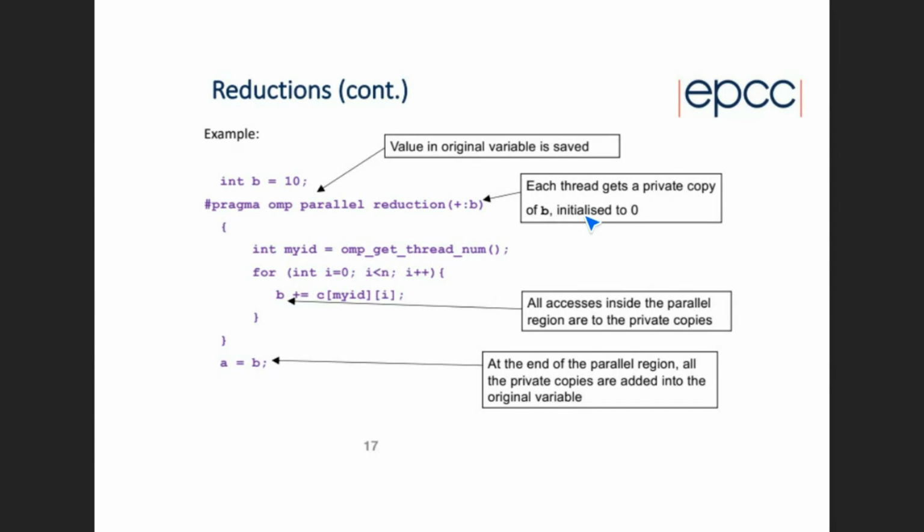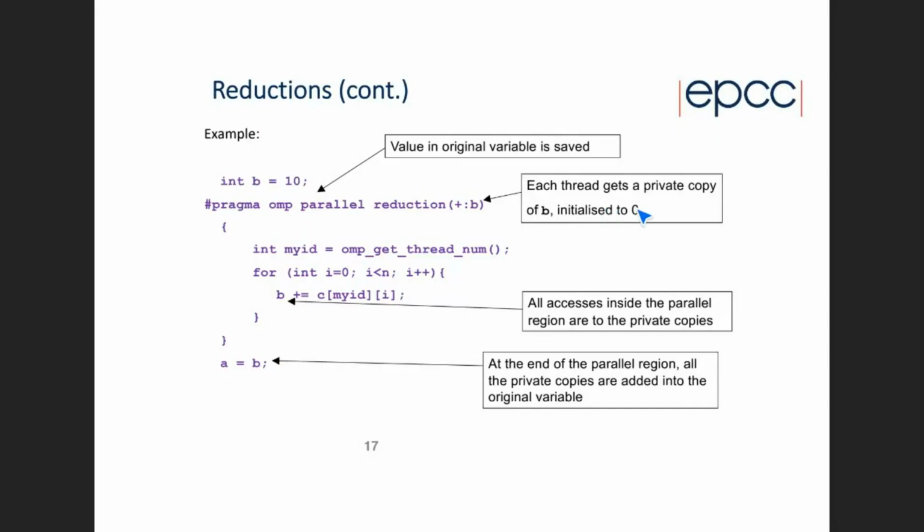Formally, it is the identity element for the operator. For addition it's 0, for multiplication it would be 1. If it's a maximum, it would be the most negative number representable in that type, for example. So we get these initialized private copies.